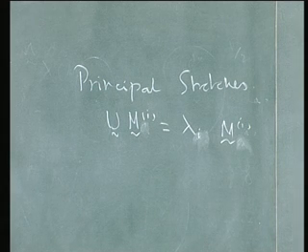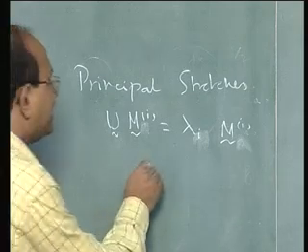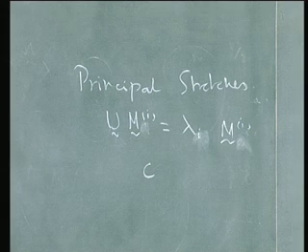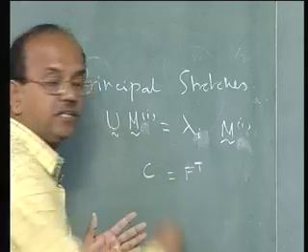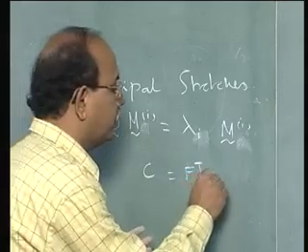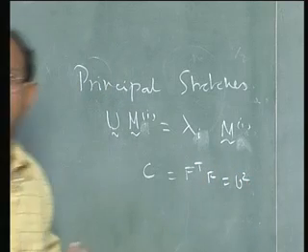So what is the relationship between the eigenvalue and the eigenvector of U and C? What is C? Remember, it is the right Cauchy-Green tensor, F transpose F, and that is equal to U square.